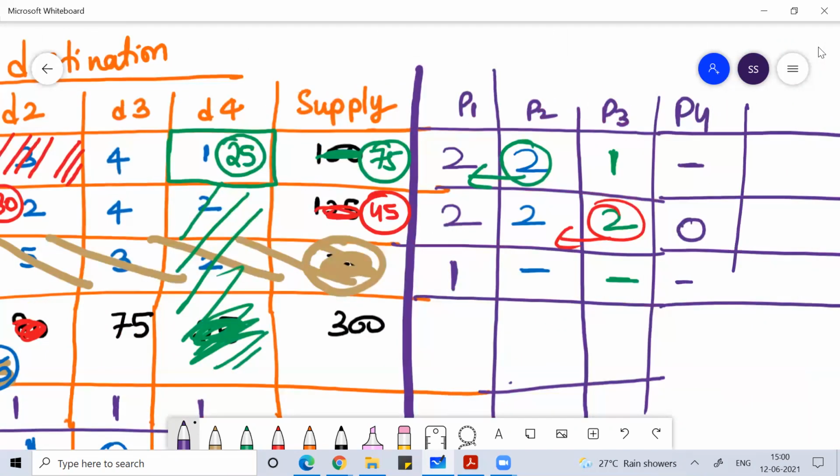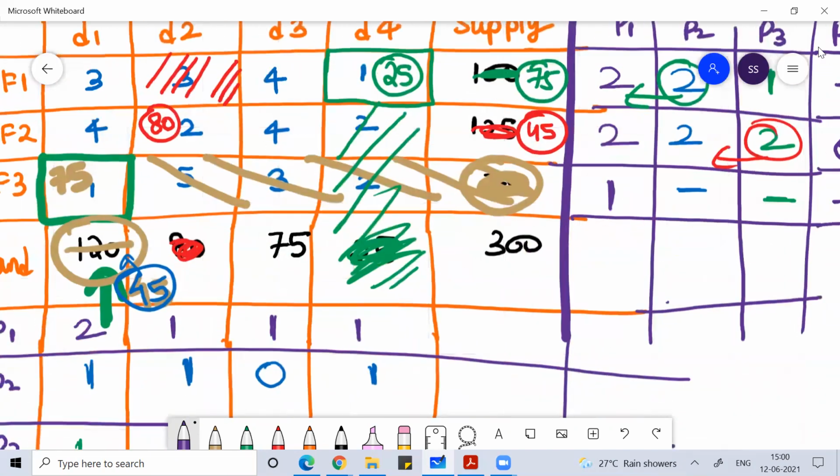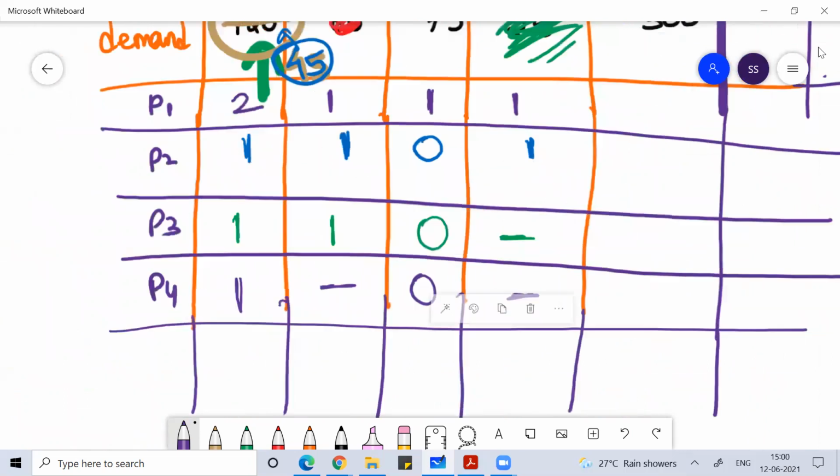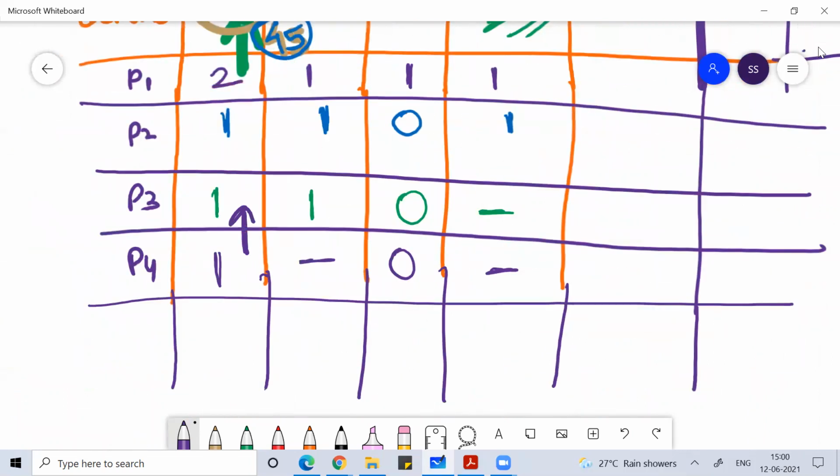So now see the largest value. The largest value is 1.